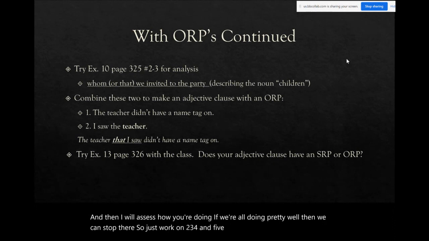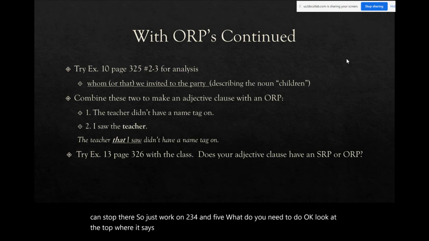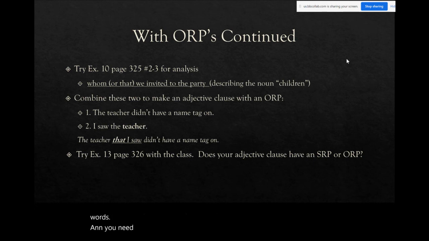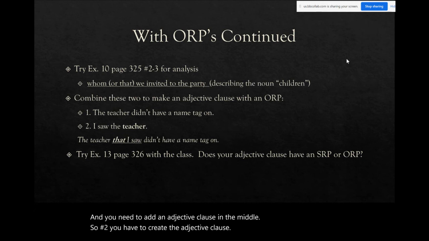What do you need to do? Okay, look at the top where it says the main sentence. What you need to do is keep those words and you need to add an adjective clause in the middle. So number 2, you have to create the adjective clause out of the words in number 2.